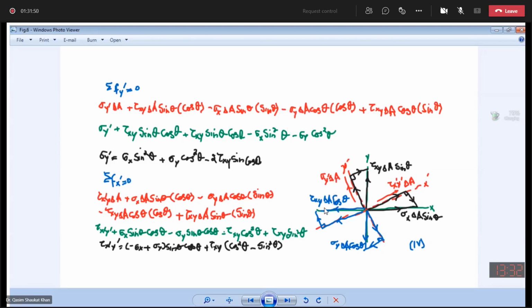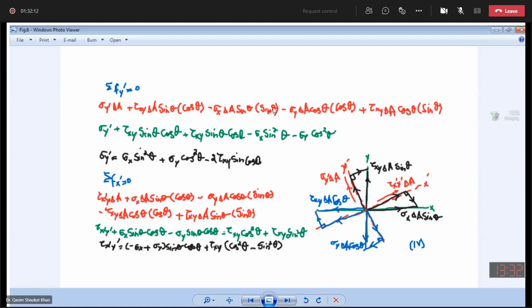Last one I have is tau xy delta A cos theta. Its component about the y dash axis will be tau xy delta A cos theta into sine theta, and it is pointing towards the positive y dash axis, so this will be positive: tau xy delta A cos theta sine theta.